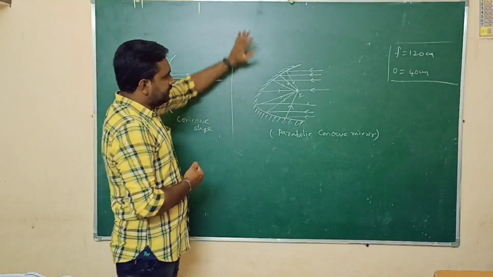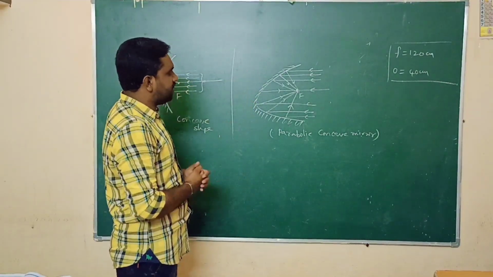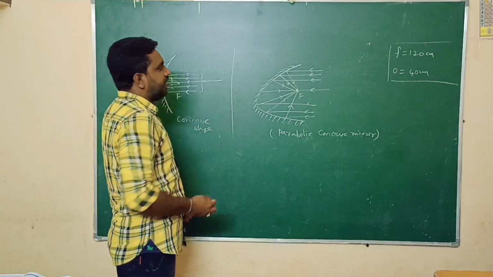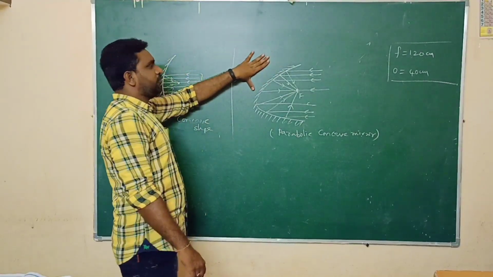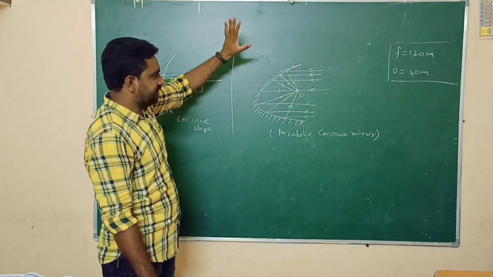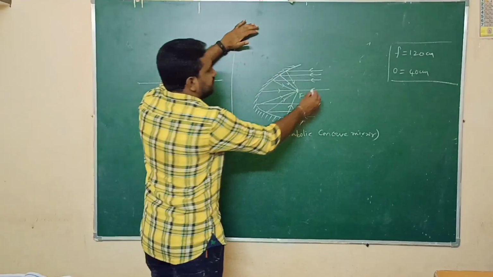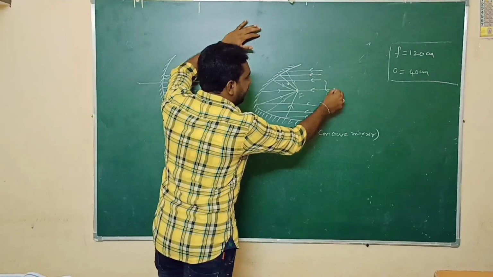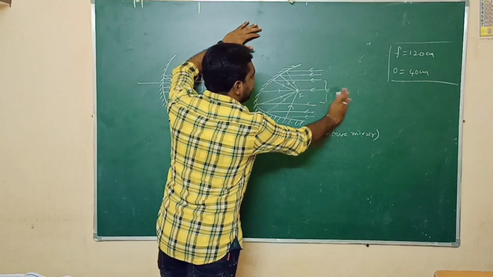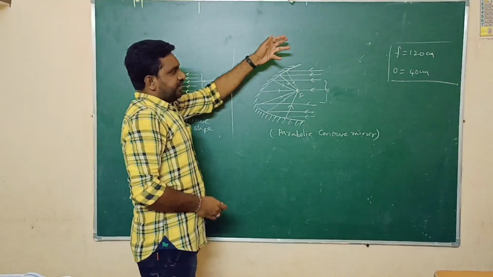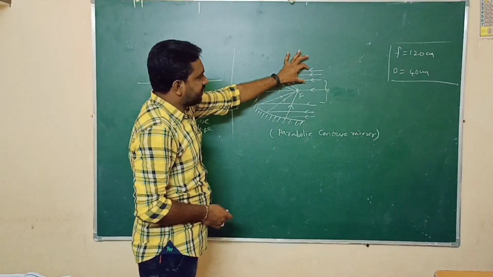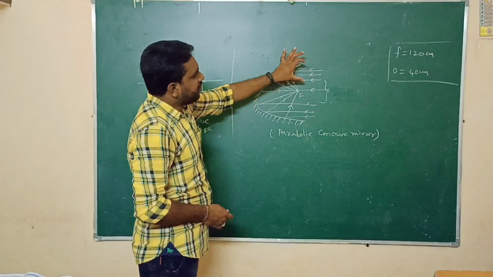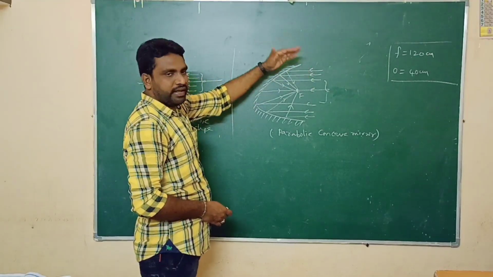Why? If we consider the nature of the parabolic mirror, just observe the diagram carefully here. In case of a parabolic concave mirror, it can converge all the light rays, not only paraxial light rays. It can converge the light rays which are far away from the principal axis also.